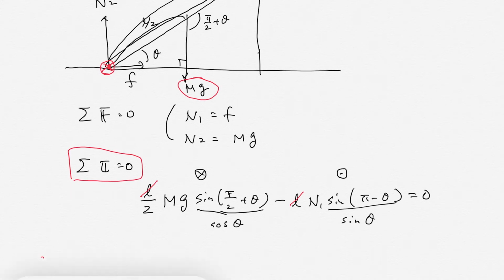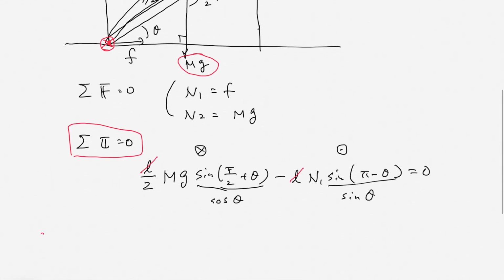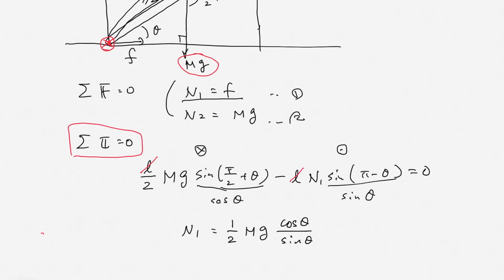Then from this equation, you have N sub 1 equal to 1 over 2 mg cosine theta over sine theta. These are the three equations we obtain: equation 1, equation 2, equation 3.